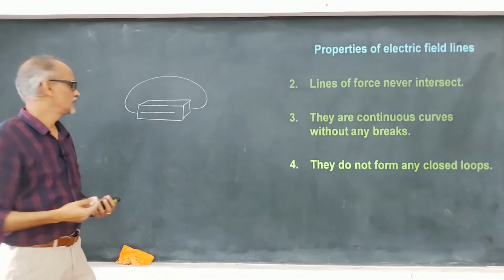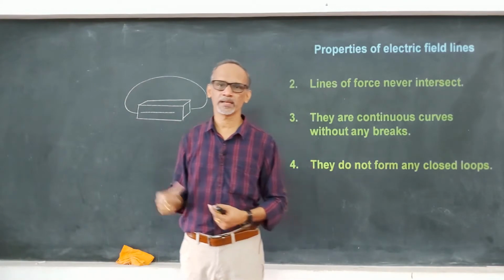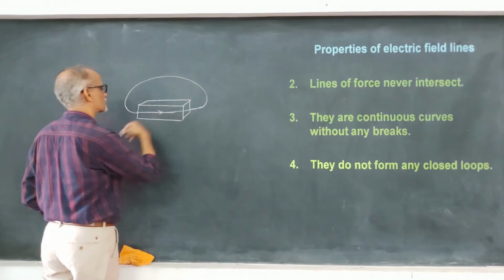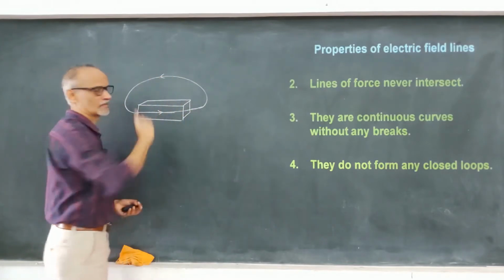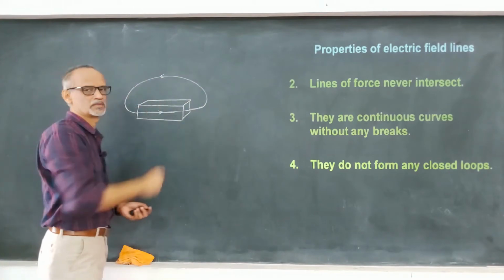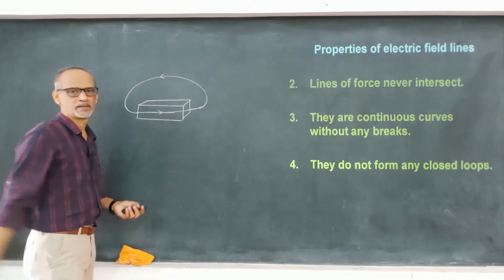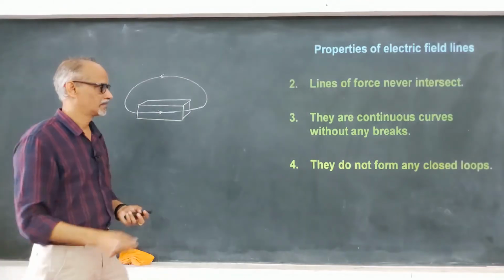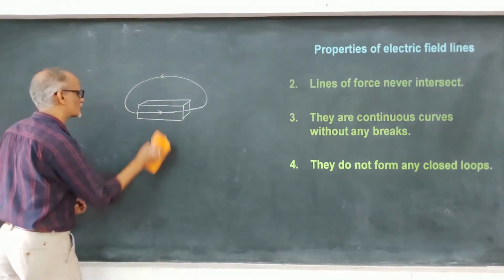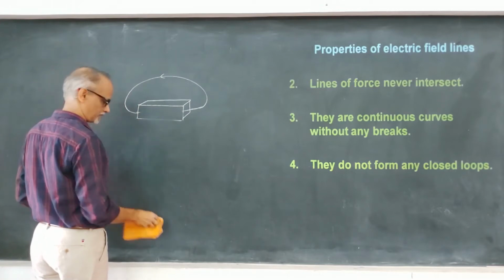So that if at all I have to draw the line of force due to a bar magnet, I have to draw the line of force which is something like this. Now this is called closed loop, because the field exists inside the magnet as well as outside the magnet. But in the case of electric field lines, they do not form any closed loop. They don't form any closed loop like this.